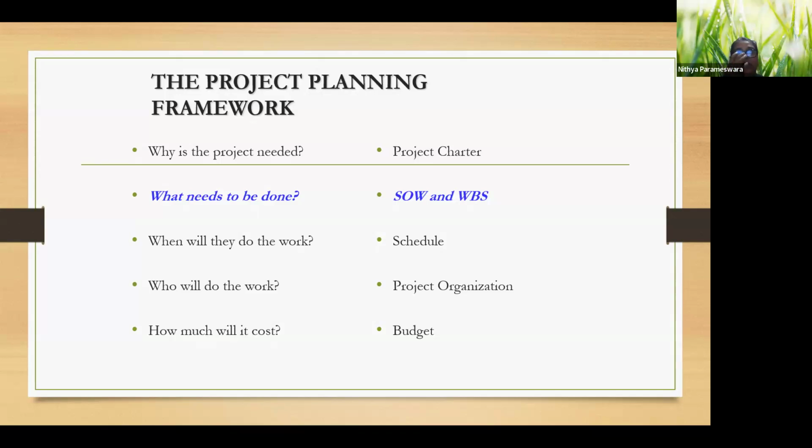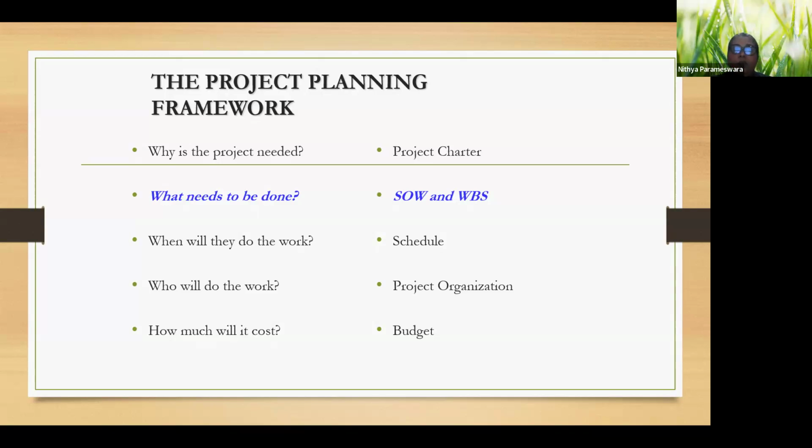The second step is we need to know what needs to be done. This is where the work breakdown structure comes into play. In this phase, when we want to define what needs to be done, we use the work breakdown structure to show the work that we are going to perform within the project.